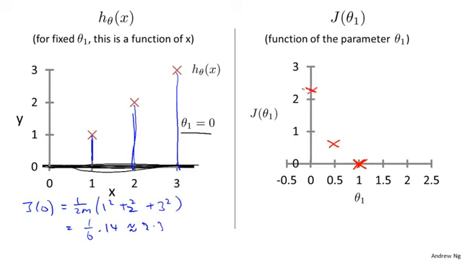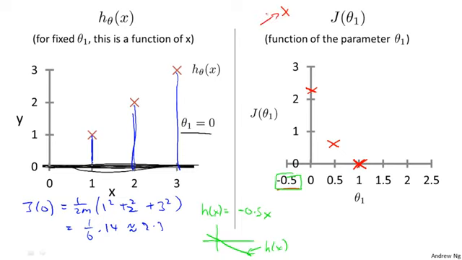And of course, we can keep on doing this for other values of theta 1. It turns out that you can have negative values of theta 1 as well. So if theta 1 is minus 0.5, then h of x would be equal to minus 0.5 times x, right? And so that corresponds to a hypothesis with a slope of negative 0.5. And you can actually keep on computing these errors. This turns out to have a really high error.